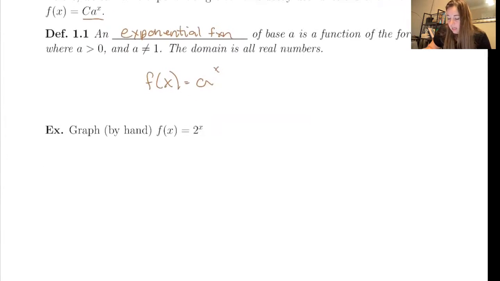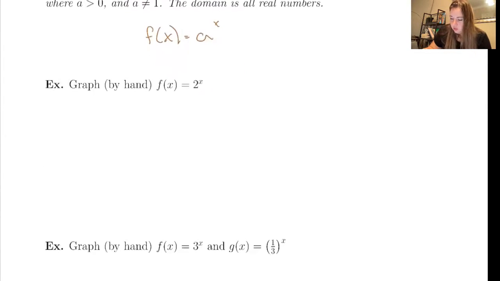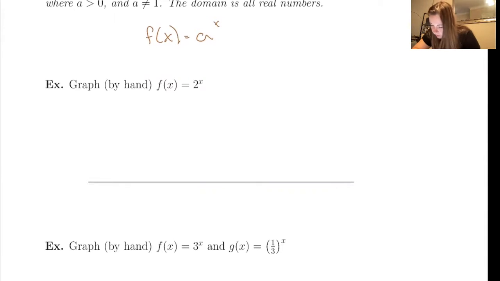All right, so graph by hand, f of x equals 2 to the x. I usually draw just one of the quadrants, but now we're going to draw all the sides.